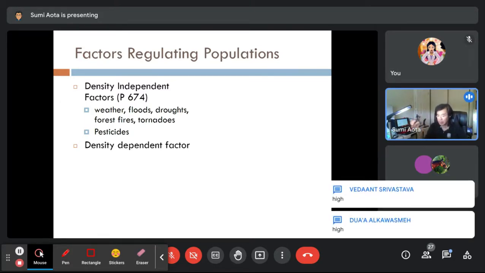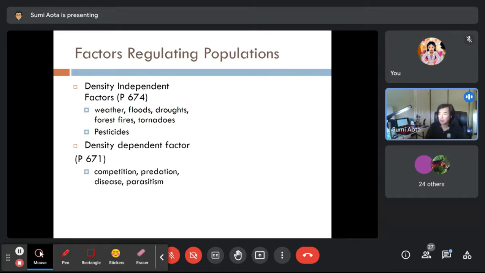High. That's density dependent. Okay. So we're talking about things like competition, predation, disease, parasitism. The intensity of these factors increases with increasing population size.